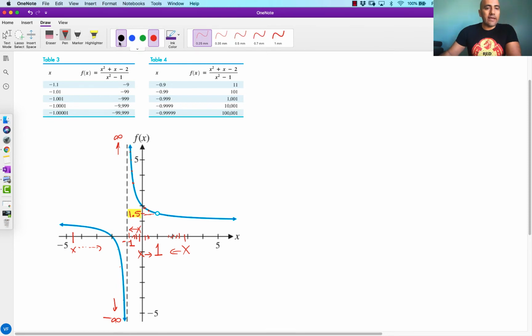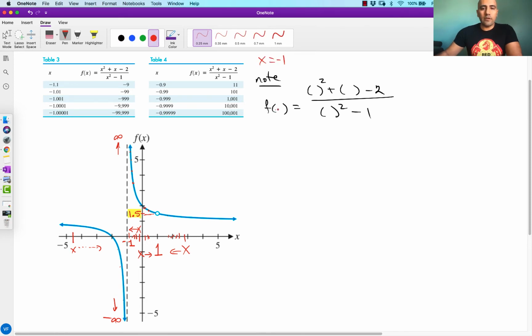Okay, one more thing we can get out of this: note that if we plug in a value of -1 to the original function, f of blank equals blank squared plus blank minus 2 divided by blank squared minus 1, and we let x equal -1, put a -1 in each place. -1 squared is +1. +1 minus 1 is 0, minus 2.